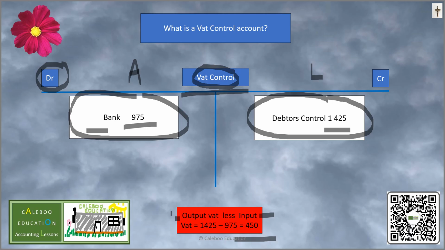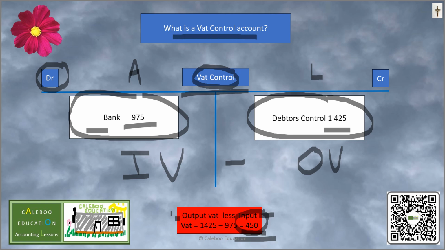If we've calculated all the VAT for a 2-month period, we do a VAT return. This is a simple example, but it will illustrate output VAT less the input VAT will give you, in this case, 450, and that would have to be paid to the revenue services. But the purpose of this slide here is just to demonstrate the VAT control account.